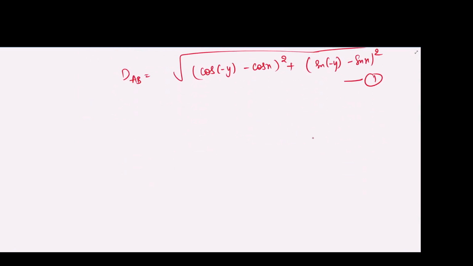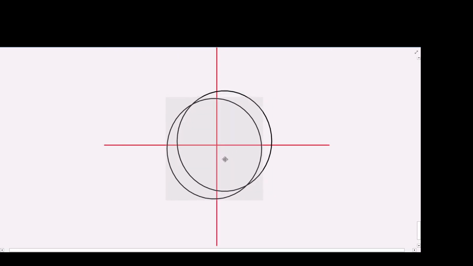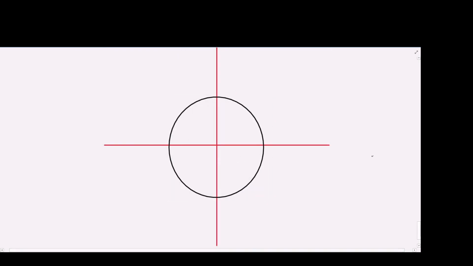Now again we draw a circle. So we have this line at angle x plus y, and we have this initial OD, and this is point C. So join CD.